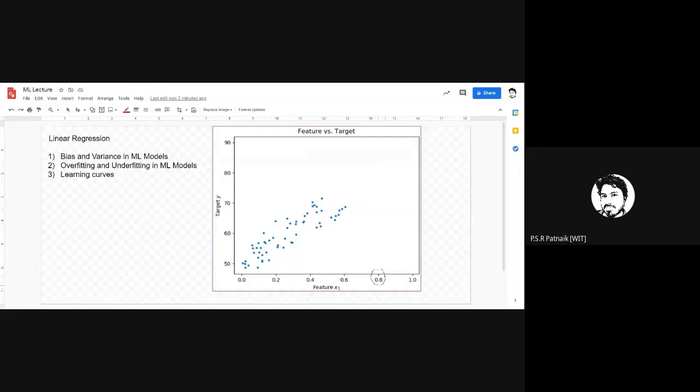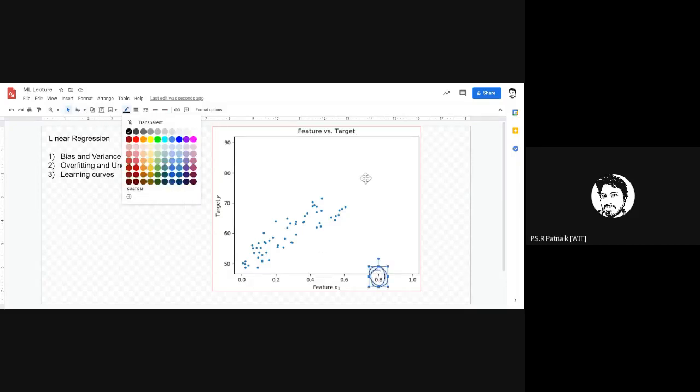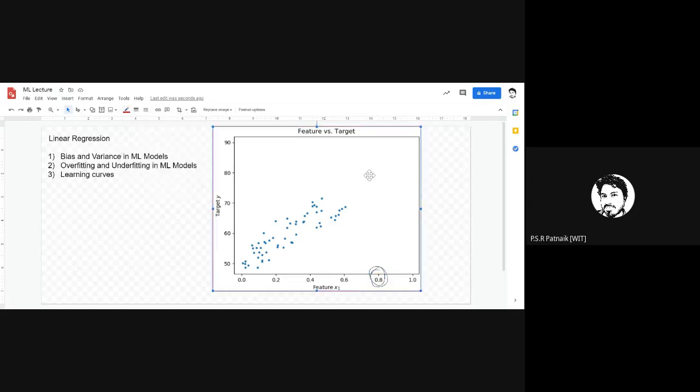Let us suppose the technically right answer for point 0.8, the value I am expecting, the correct value, is 80.